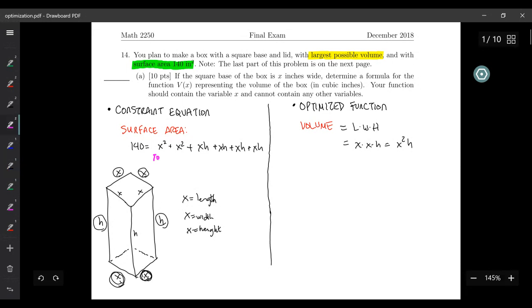So this is top, this is the bottom, this is the front, this is the back, this is the left, and this is the right.